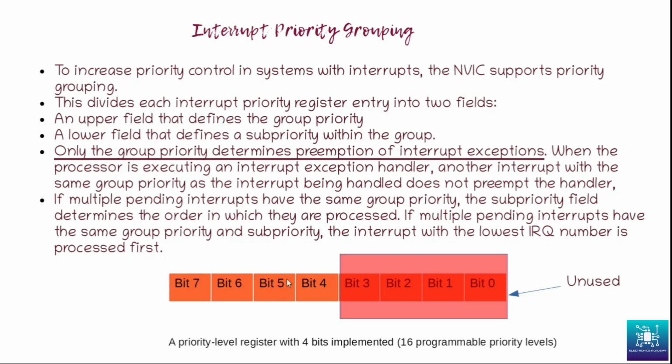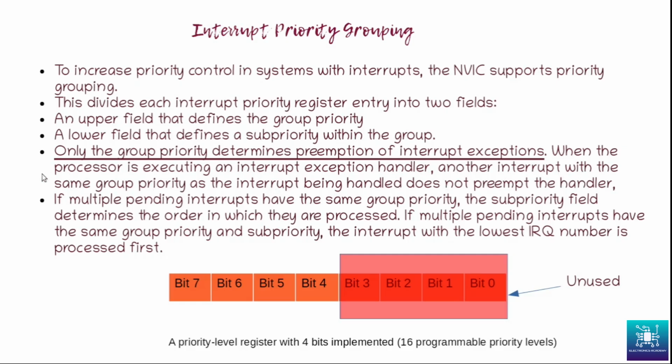This is what is going to be considered when the NVIC tries to discern which interrupt to service next. So preemption and everything will be happening on these 3 bits, and this bit is the sub priority bit. So when the processor is executing an interrupt exception handler, another interrupt with the same group priority as the interrupt being handled does not preempt the handler.